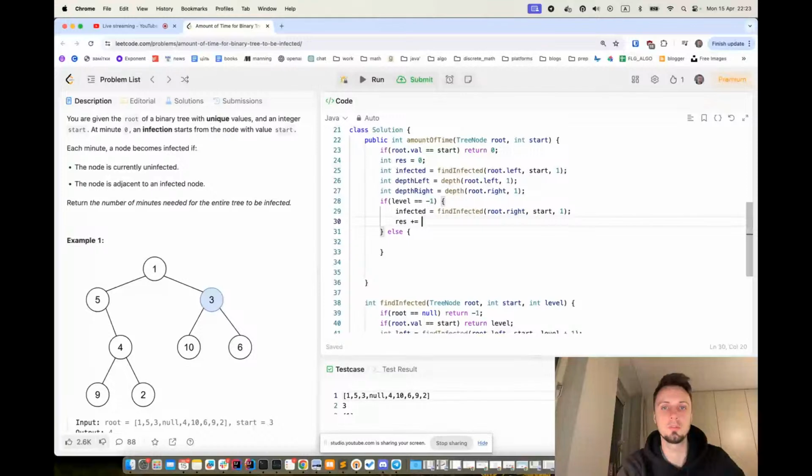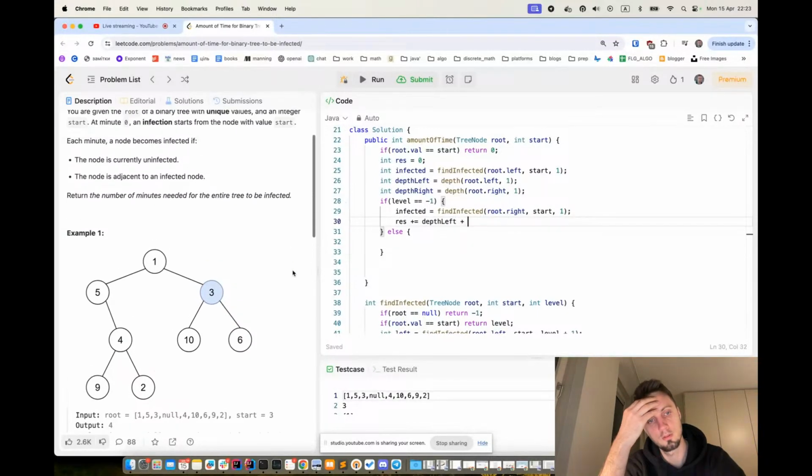So it would be depth left plus infected. Let's count, 1, 2, 3, 4.